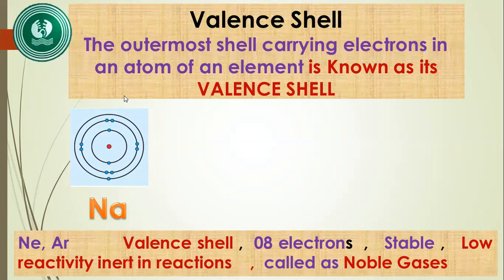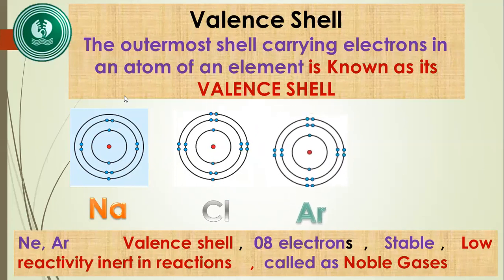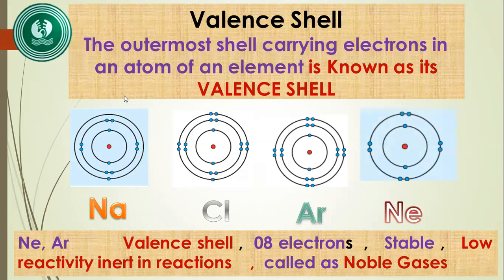So this is the valence shell of sodium. Like that, in chlorine, the third energy level is the valence shell, with 7 electrons. In argon, the third energy level has 8 electrons, and in neon, the second energy level is the valence shell with 8 electrons.